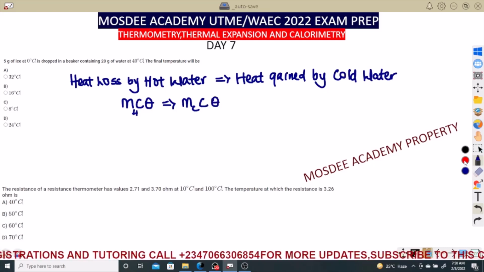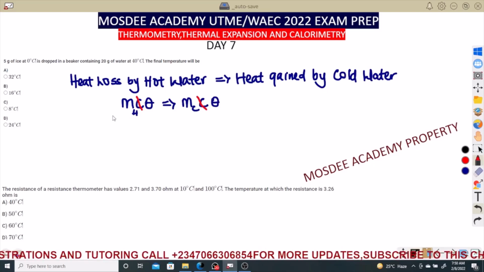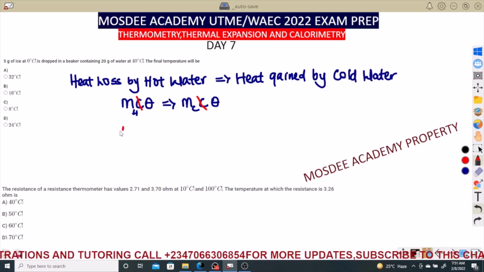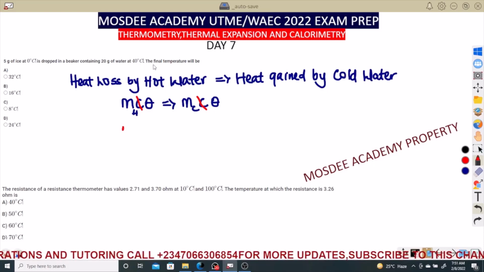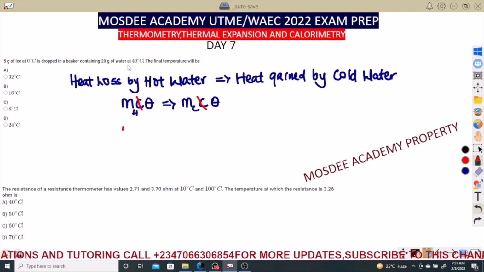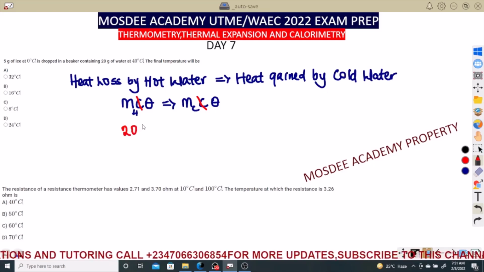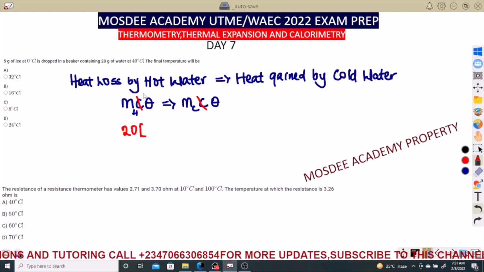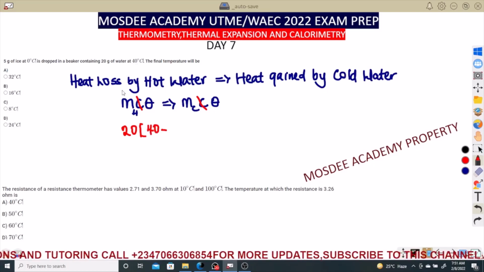On simplification, we can cancel C out because they are equal. Specific heats are equal in this case. So the mass of hot water, if I go by this, is 20 grams of water at 40, you can see the temperature is 40 here. So that is 20. Into bracket, the temperature change of hot water: the initial temperature of hot water is 40 minus the final temperature of the mixture.